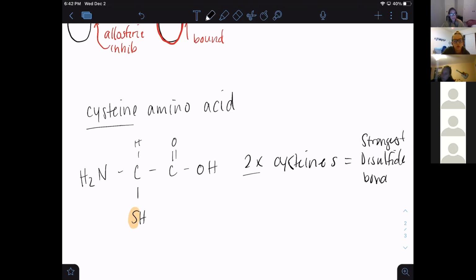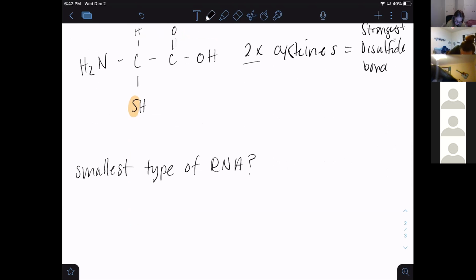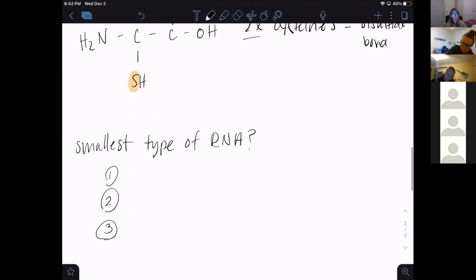What is the smallest type of RNA? Would it be tRNA? So what are our three options? tRNA, mRNA. Beautiful.